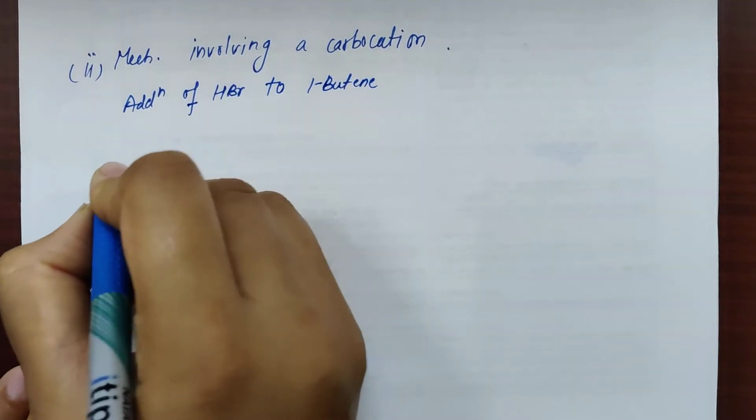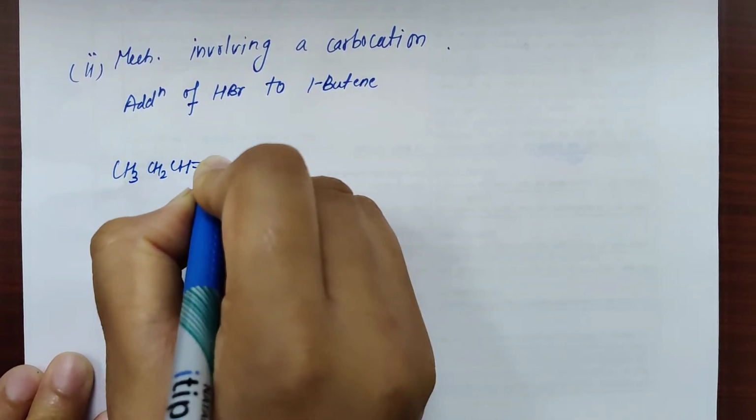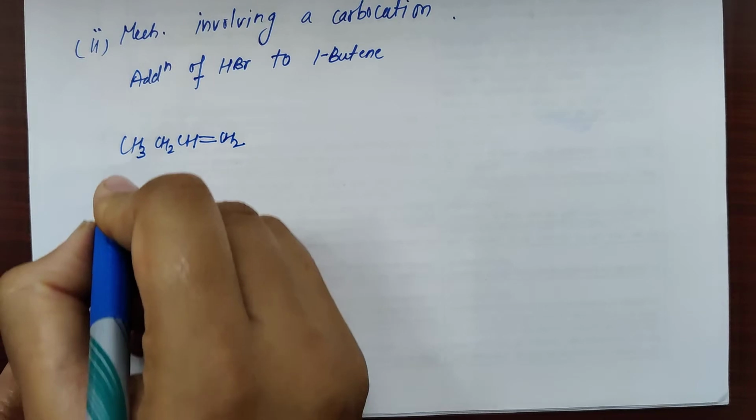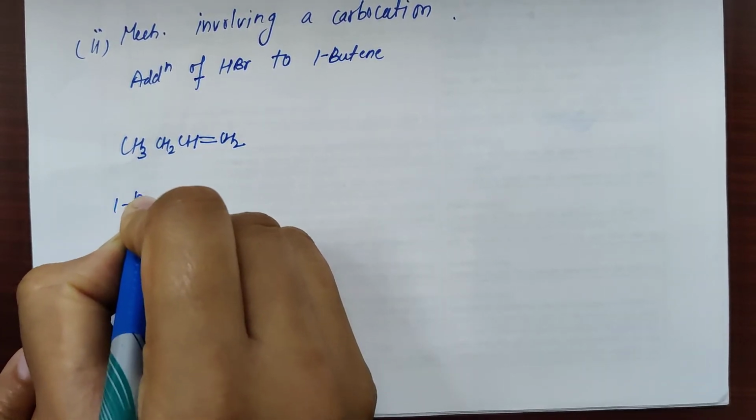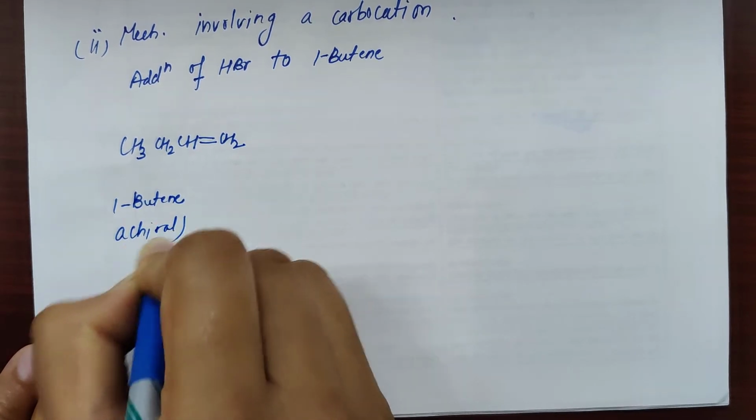Okay, so 1-butene is CH3CH2CH=CH2. So this is your 1-butene and this is achiral, correct?